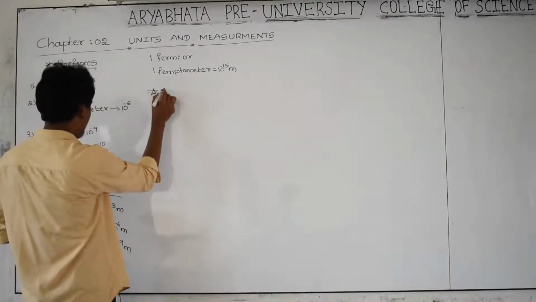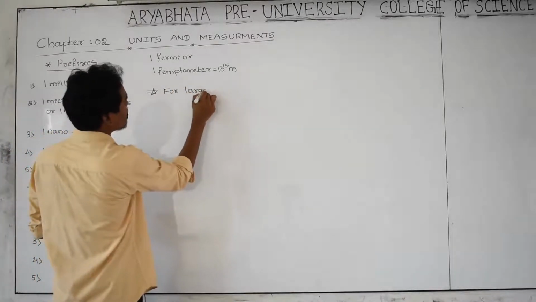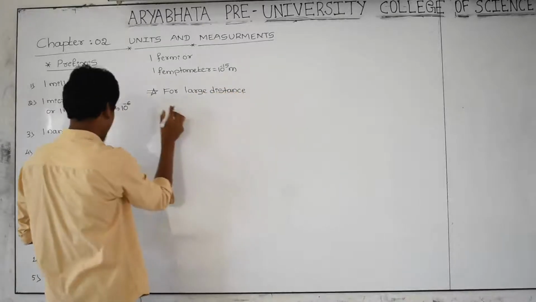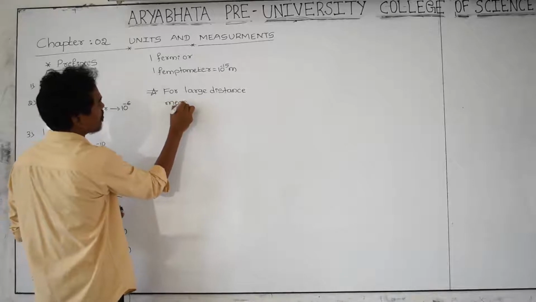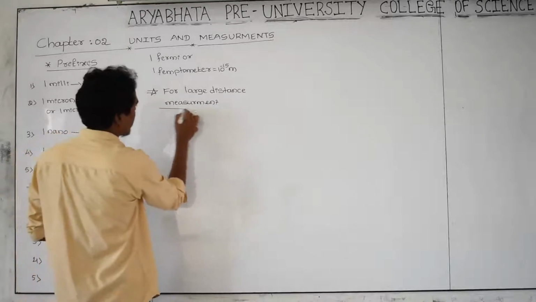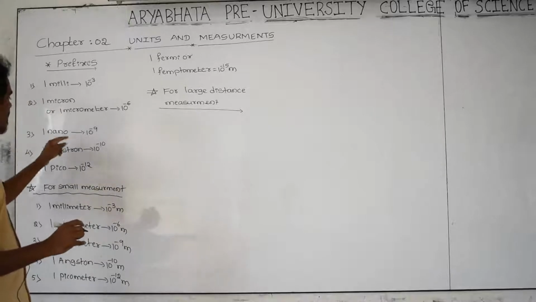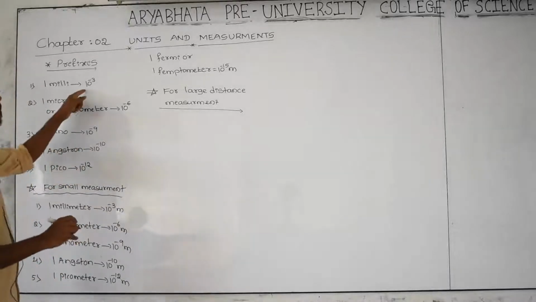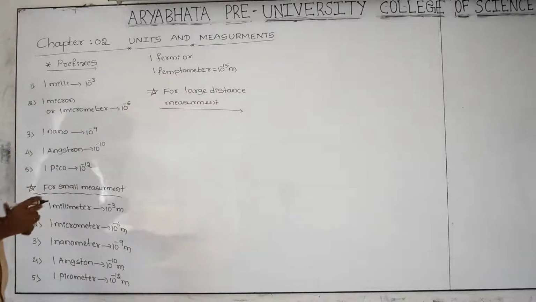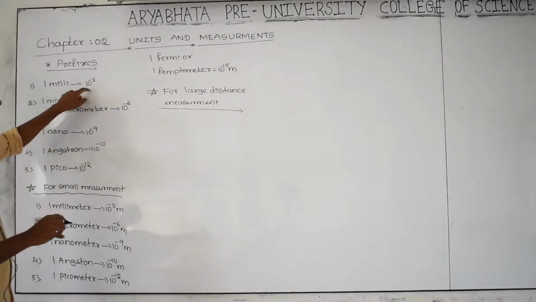Some units are also there for large distance measurement. You can use the prefixes in terms of scientific notation, and you can use them in terms of positive powers also. If it is plus 3, we use it as kilo.